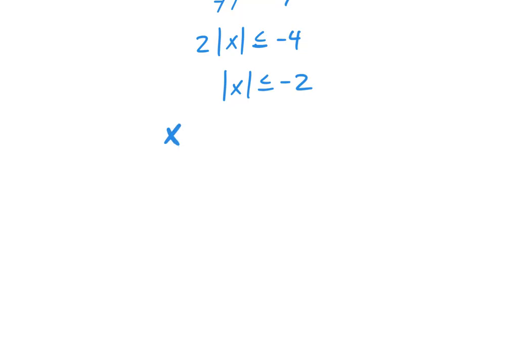If I write the first inequality out, x is less than or equal to negative 2. This is an and statement. x is greater than or equal to positive 2. We flip the sign, change the negative to a positive.